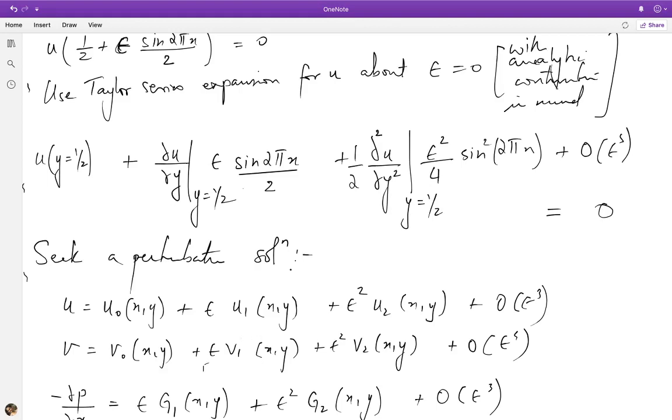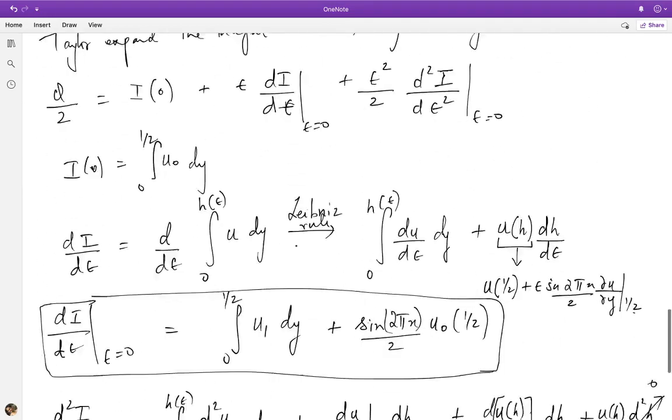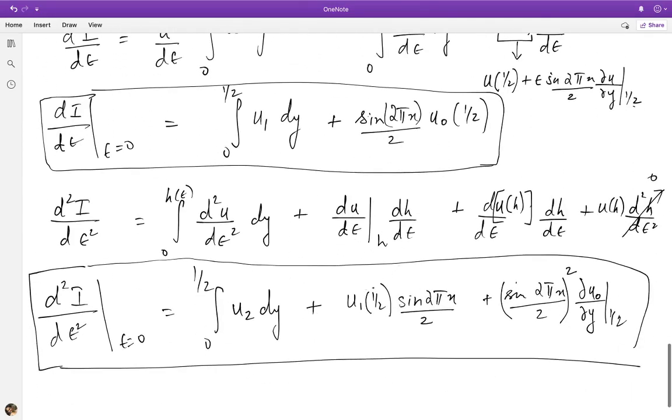At first order, similarly, after substituting here, you will get ∂u0/∂y times sine(2πx) plus u1. So u1 is actually minus ∂u0/∂y sine(2πx) at half. And if you come here, you will see that that will cause these two terms to cancel out. So say you take sine(2πx) common, you'll have u1 plus ∂u0/∂y sine(2πx)/2 at y equal to half, but they will cancel out from the boundary condition on u1, from the domain perturbation boundary condition.